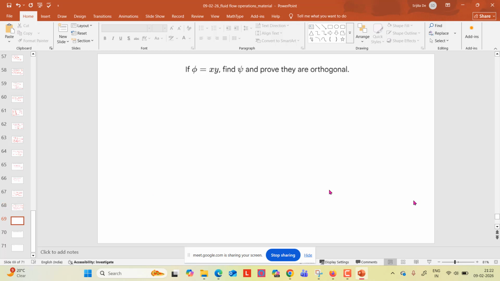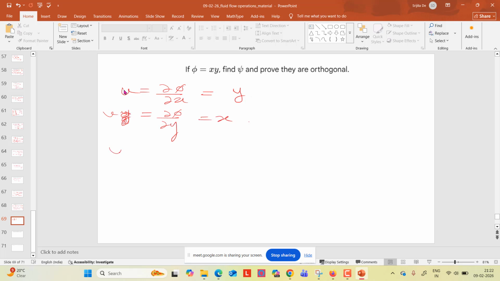Next, if phi equals xy, then find psi and prove they are orthogonal. Okay. So phi equals xy, that means u equals del phi del x equals y, v equals del phi del y equals x, right?